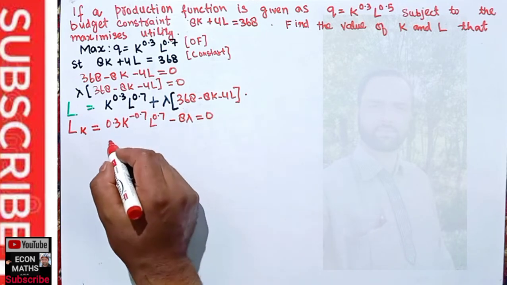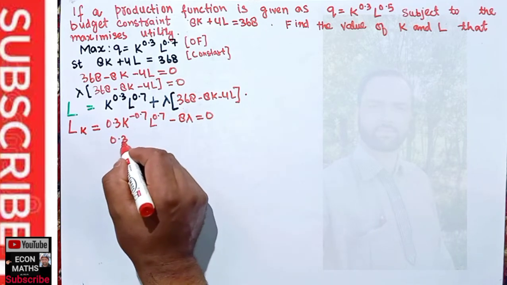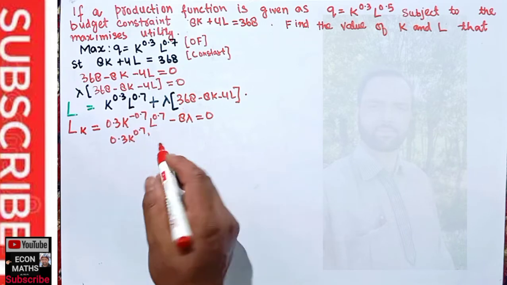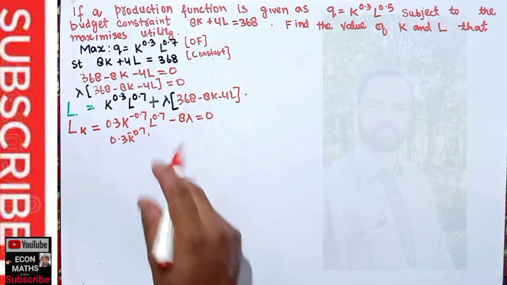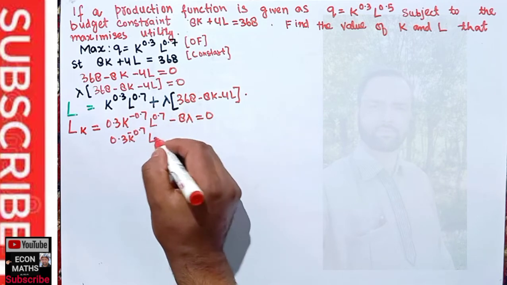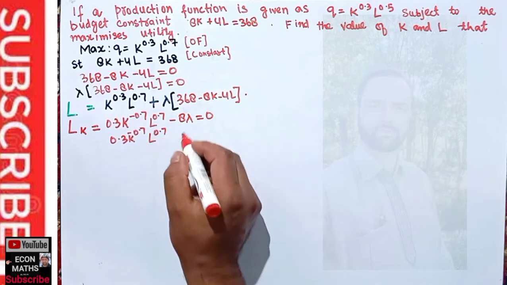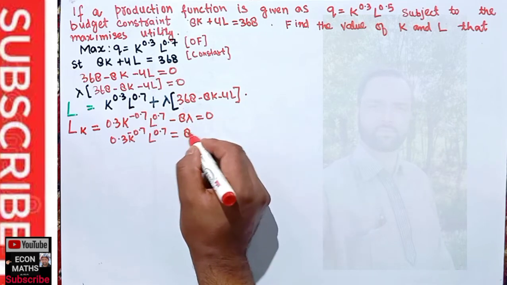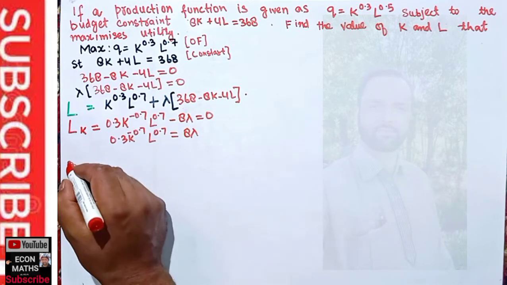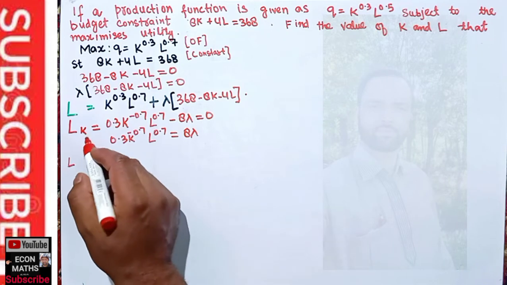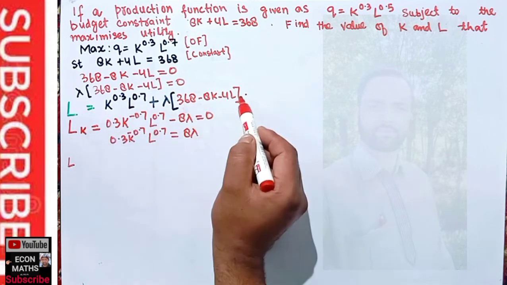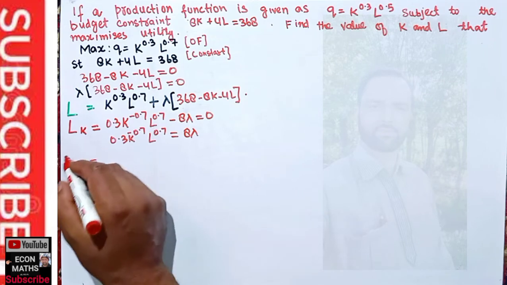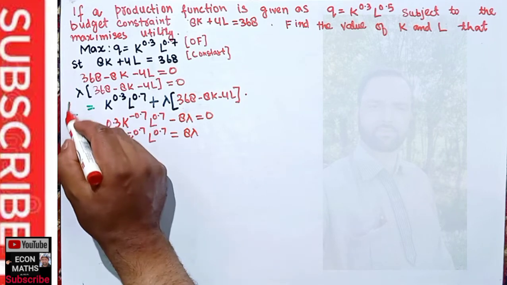Or we can write it like this: 0.3 k to the power minus 0.7 l to the power 0.7 is equal to, transposing this to the RHS, plus 8 lambda. Similarly, we will partially differentiate the Lagrangian function with respect to labor this time.